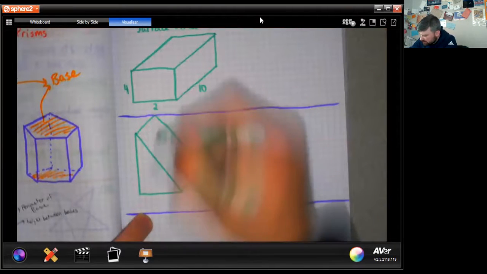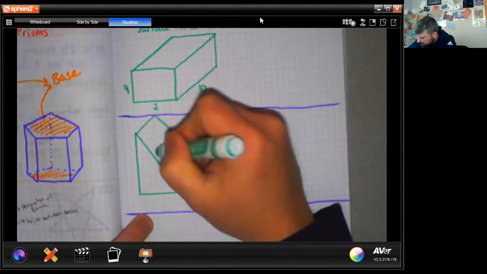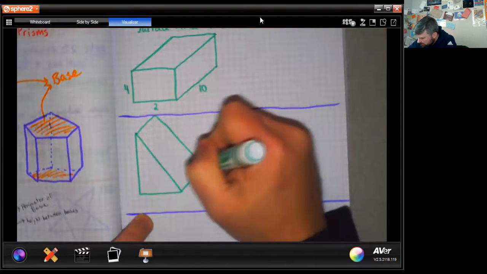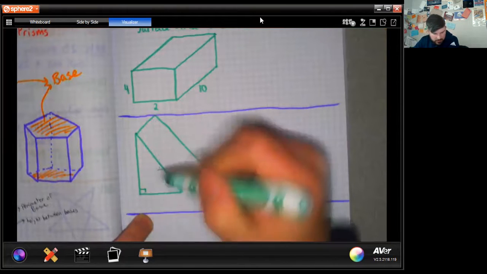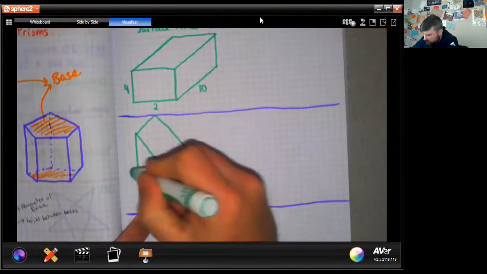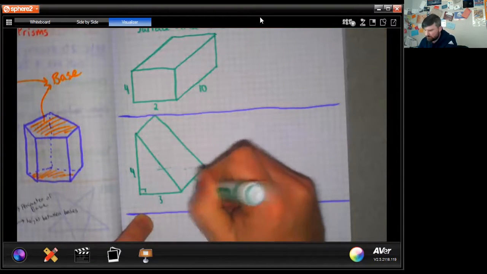And sometimes they put those dotted lines in there. Put the dotted lines in this one. You got your right triangle there. This is 4, 3, and 2.